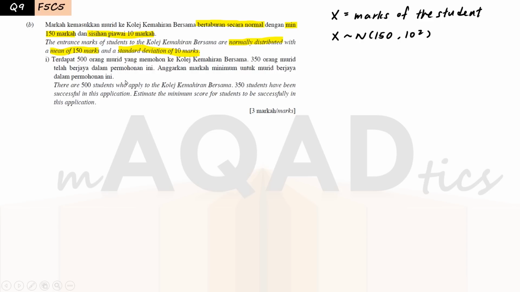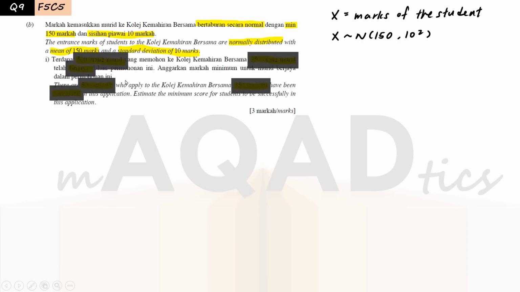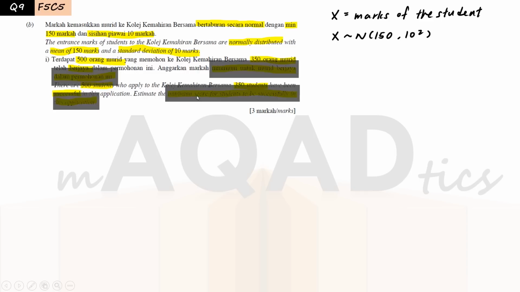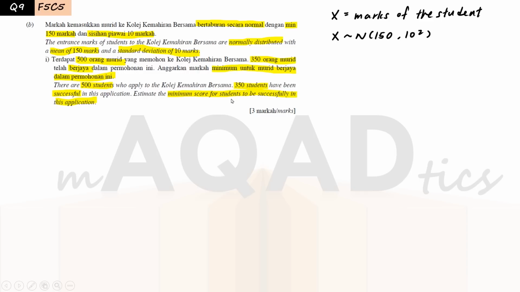In part 1, it says that among 500 students, 350 students are successful in this application. They want us to estimate the minimum score for the students to be successful in this application. Let me put the minimum score as x first.